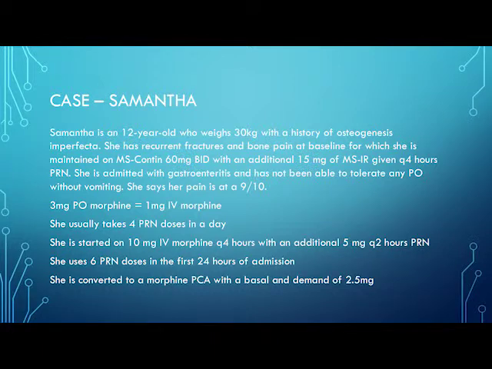So I typically start my PCAs for people that are on opioids by saying, okay, you've demonstrated in the last day, or extrapolating to the last day if I don't have a full day's worth of data, how much you need. I'll give you 2/3 of that in your basal, assuming that you'll probably get the other third by pushing the button. But maybe I'm wrong. Maybe you need a lot more and you push the button a lot more. Maybe you actually need less. There's some room for you to get less if you're not pushing the button. And then we can make adjustments like that.